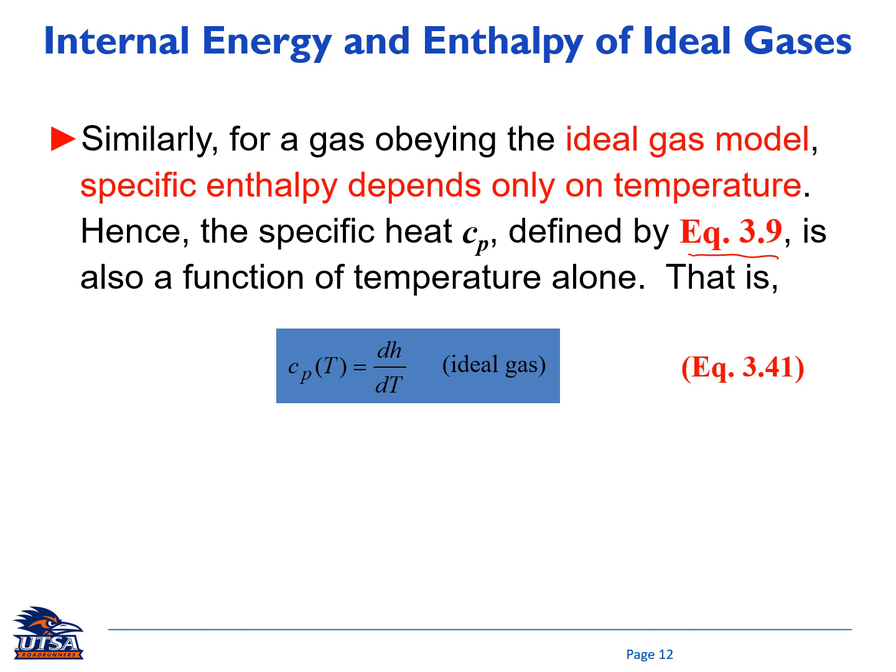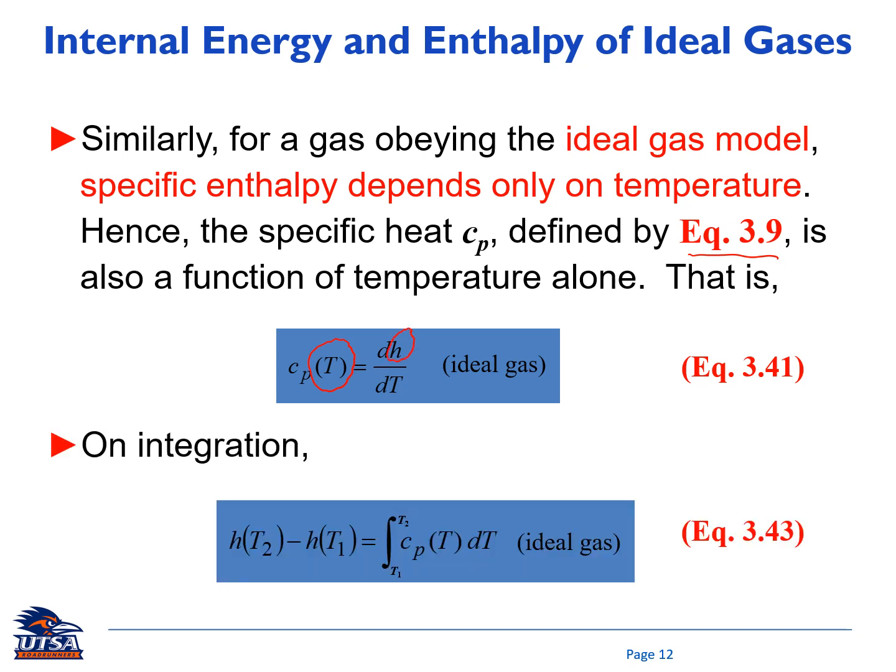In here we will have equation 3.41 where Cp is only a function of temperature, dh over dT. Why? Because h for ideal gas is only a function of temperature. So similarly, if we make an integration, we'll have equation 3.43.